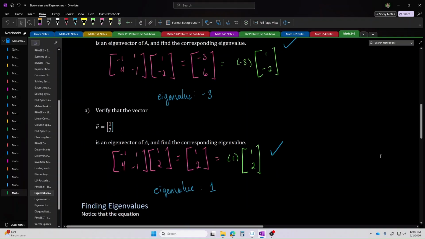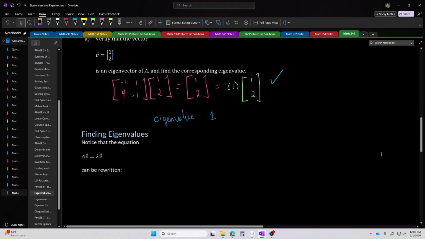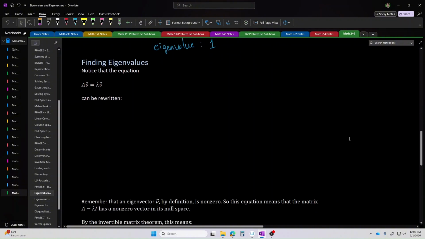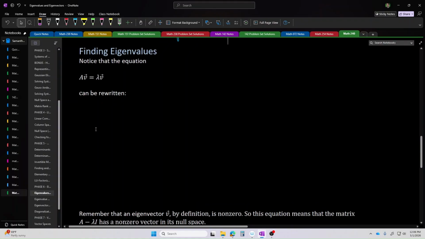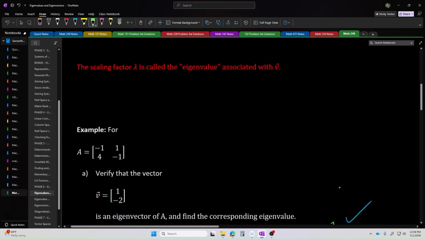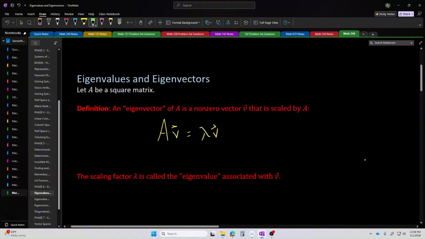Now, if you are given a matrix A, how can you calculate the eigenvalues and how can you calculate the eigenvectors from scratch? To explain how to calculate eigenvalues and eigenvectors from scratch, let's go ahead and look at this equation AV equals lambda V, which we gave earlier in our definition of eigenvector.